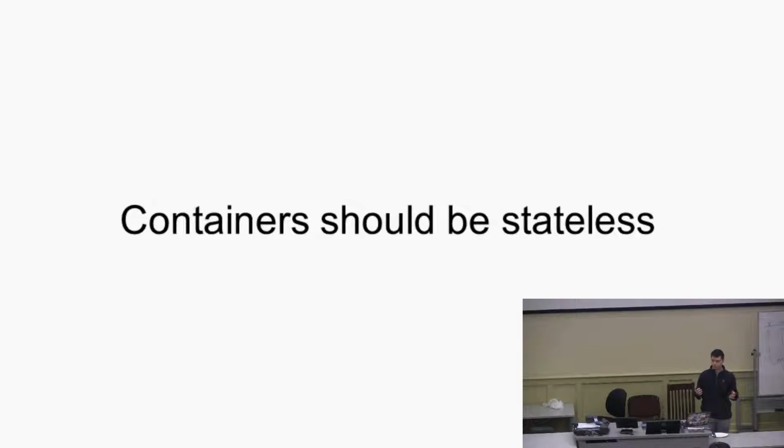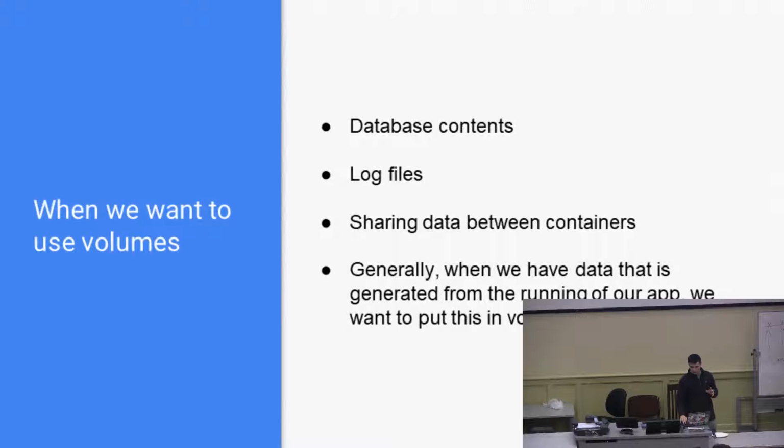But sometimes someone has been there before. That's why you have volumes to contain that. Yeah, so database contents and log files are good use cases for volumes. Also useful if you want to share data between containers and use volumes to contain that information.